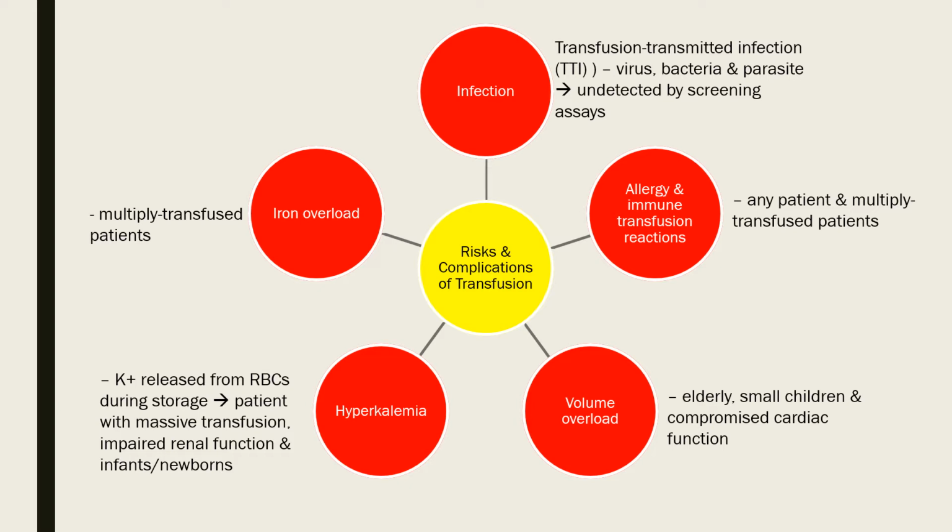The next thing that is associated with transfusion risk is the hyperkalemia. Hyperkalemia can occur because of the potassium being released from red cells during blood bank storage. This hyperkalemia is a matter of concern, especially for patients having a massive transfusion, impaired renal function, and also infants, newborns.